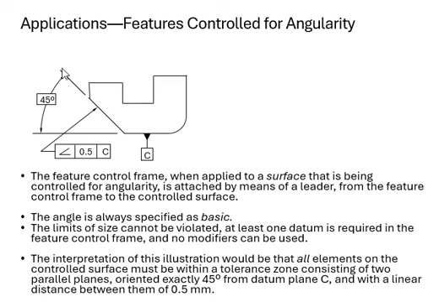Okay, then let's get into the feature control frame for angularity. You already knew, I just show you how we point the angularity. So this is your control frame, because it is controlling that feature right here, which is the inclined surface of this part. Here is the part, here is the surface on that part.